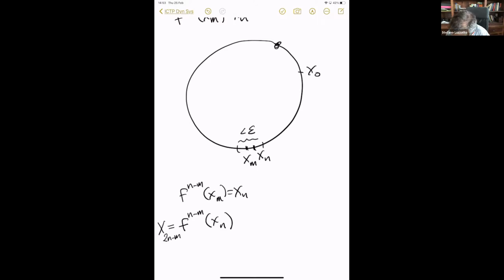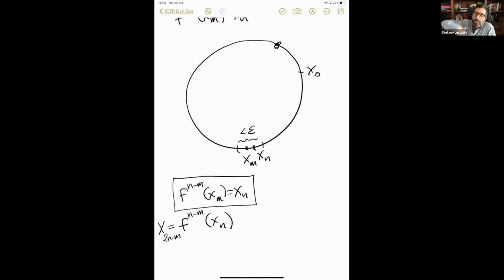That's right. So this is the key point of the whole argument, so pay attention here. I realize it's not completely trivial, but what we're saying is that if you take the f n minus m iterate, remember that when we looked at the rational case, fq is the identity.